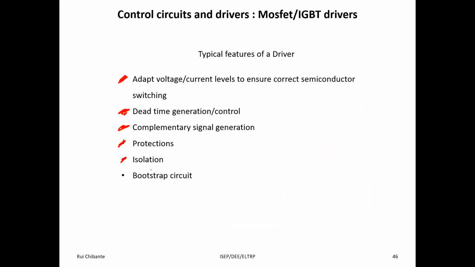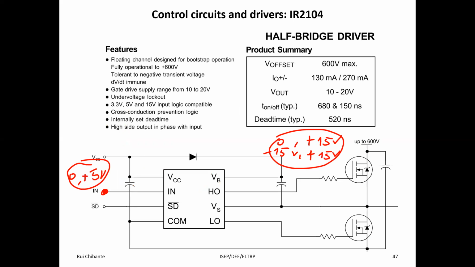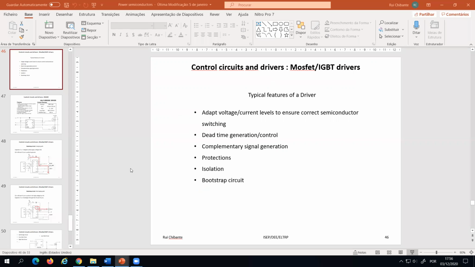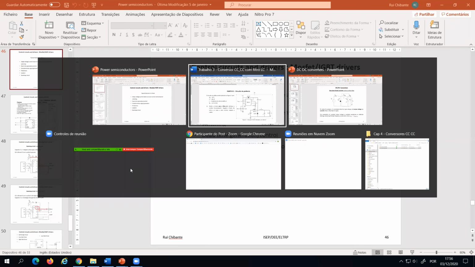So this is related to this functionality, okay. And the last one, and it is the reason that we are using it in this project, is the bootstrap circuit, okay. Why do we need this? Well, let me show again your circuit here.